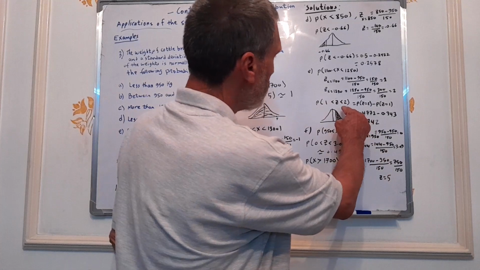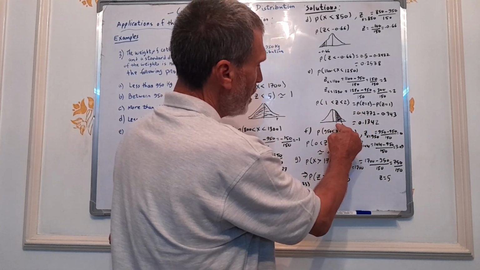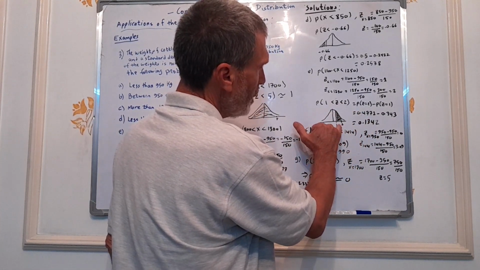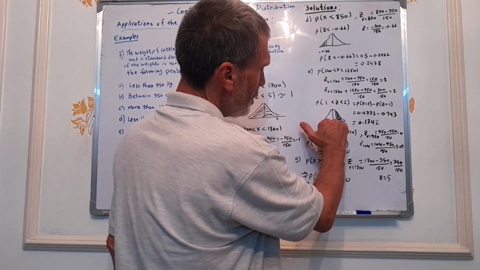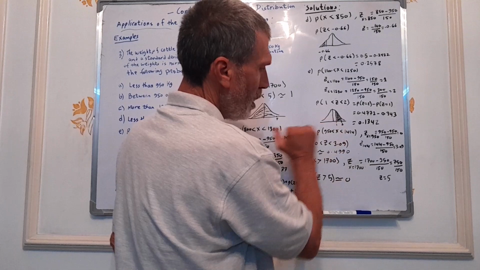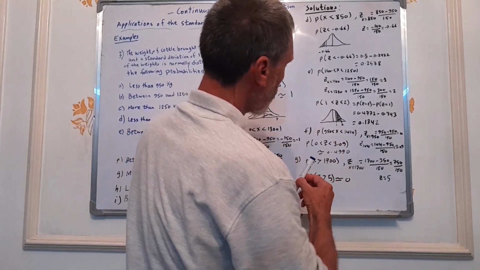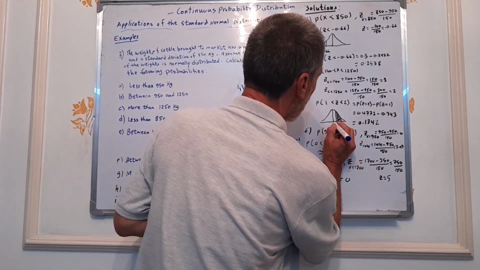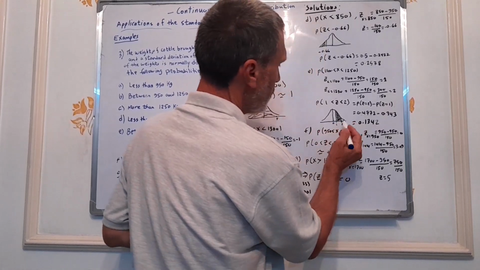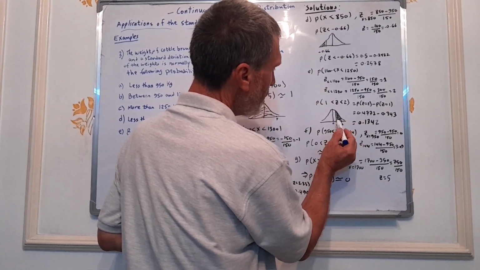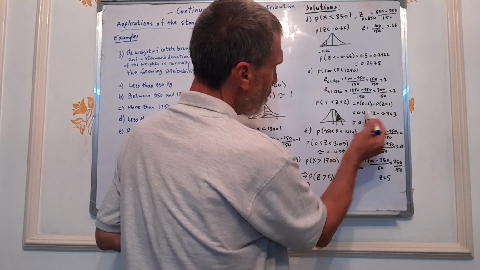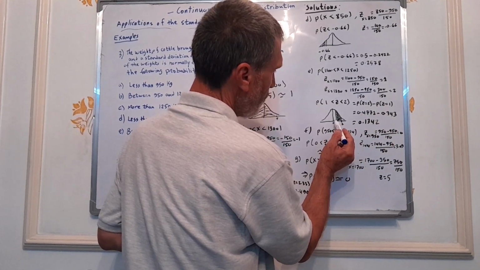And so probability of Z between 1 and 2 is going to equal probability of Z equal 2, which gives you the area from 2 all the way to 0 here, minus the probability of Z equal 1, which is the area from here to here.